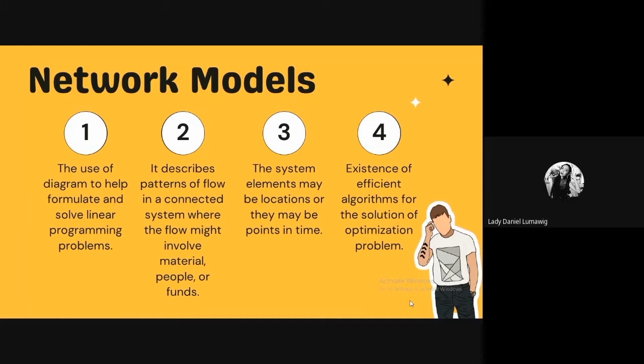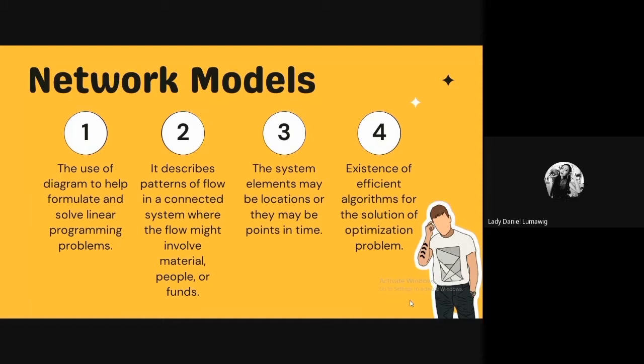So network models describe patterns of flow in a connected system where the flow might involve material, people, or funds. The system elements may be locations, such as cities, warehouses, or assembly lines.